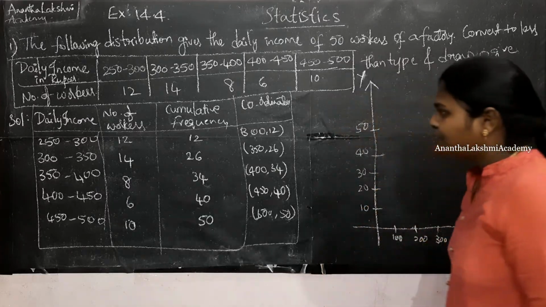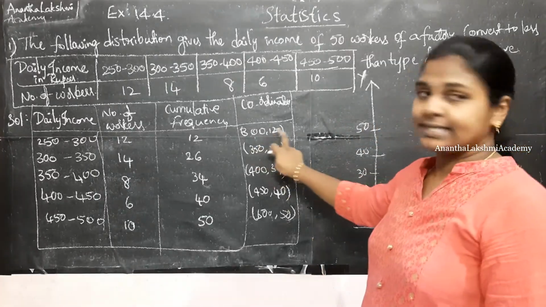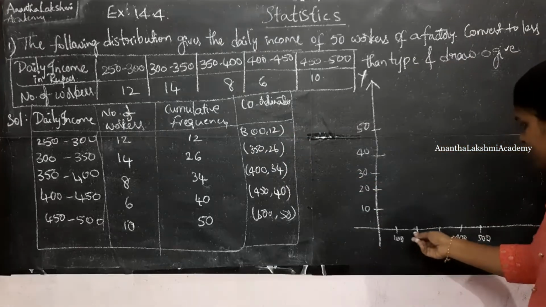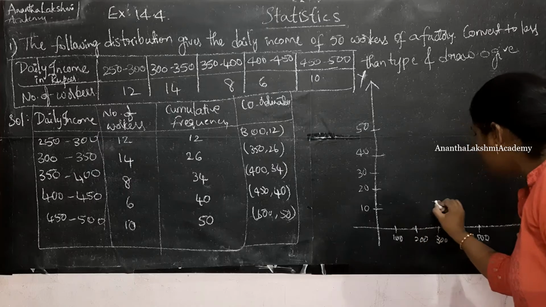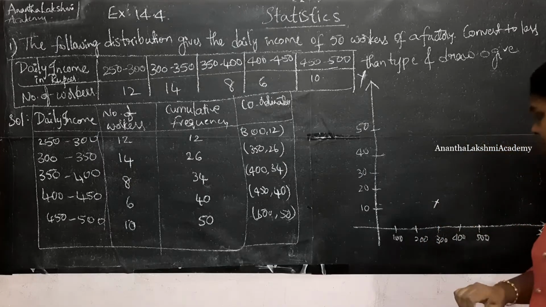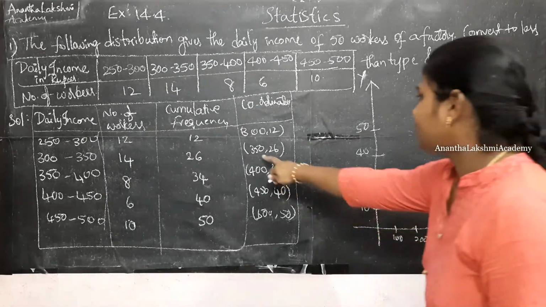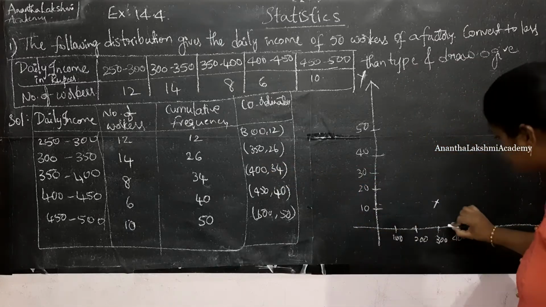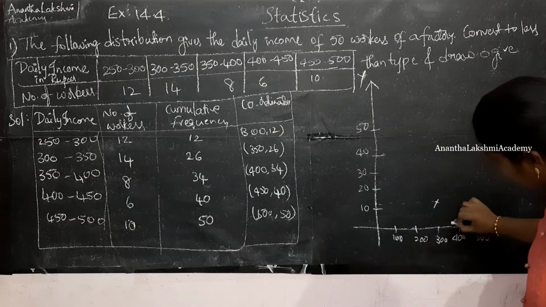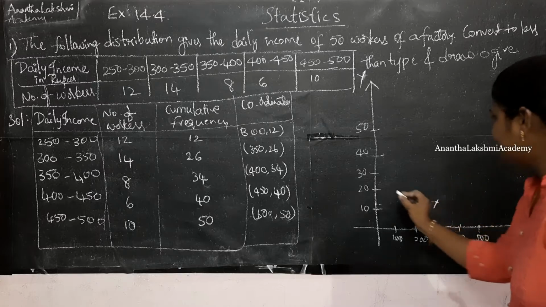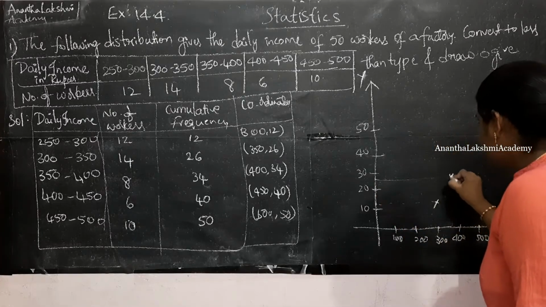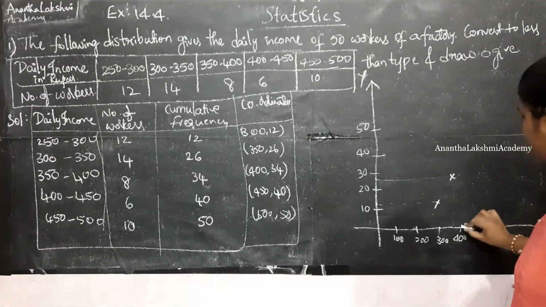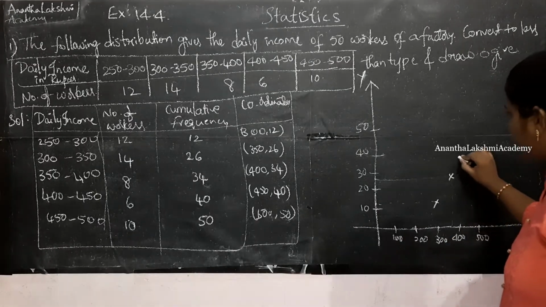Okay. Now 300 on x-axis and 12 on y-axis. 300 on x-axis here and 12 will be somewhere around here. So this is a point here. Okay. Now 350 on x-axis and 26. 350 is in between 300 and 400 and 26 is somewhere here. Okay. This is the second point. Next 400 is here. 34.